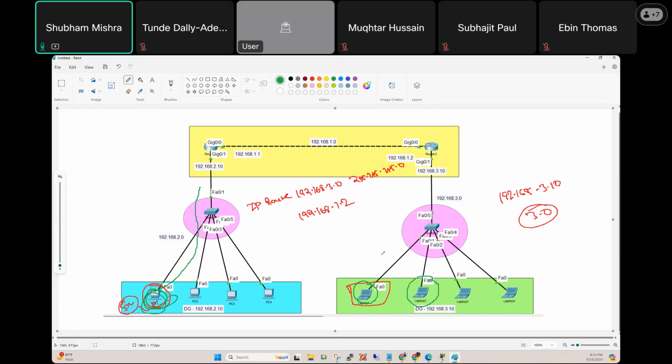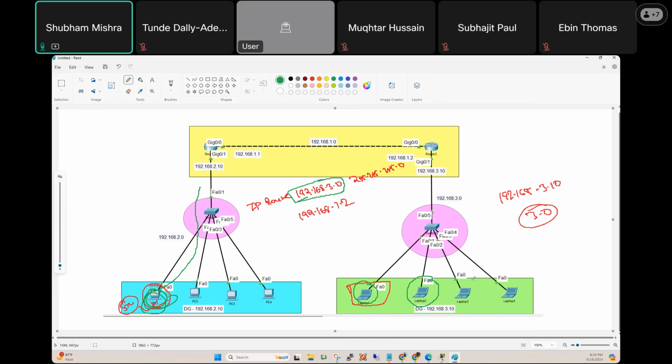It means basically when you provide the route, in this route, you already provide what? Destination network. You already mentioned what, guys? Destination network. So it means on this router, you are providing the route for the complete network. It means when any PC wants to reach any laptop, they can easily reach.